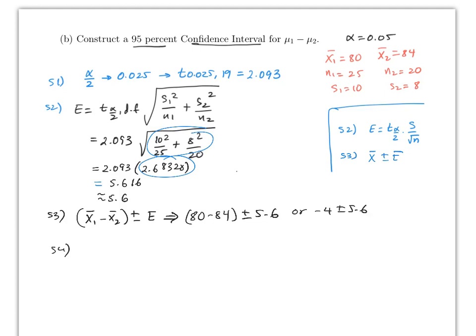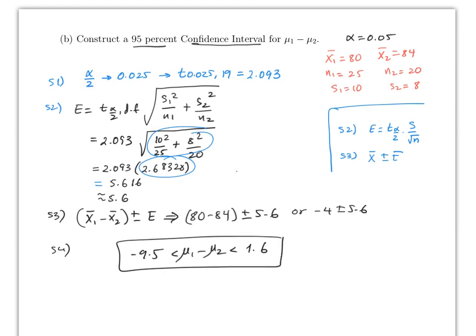Therefore, mu1 minus mu2, so it's exactly the same thing we did before. You're going to add and subtract this. So minus 4 plus 5.6 is equal to 1.6, and minus 4 minus 5.6 is minus 9.6. So this is the confidence interval.